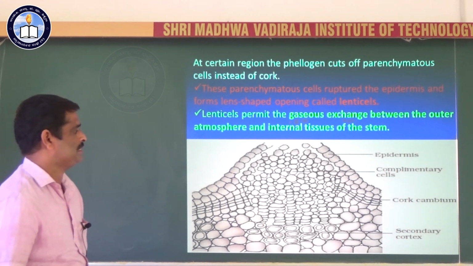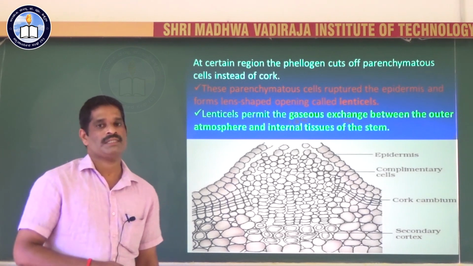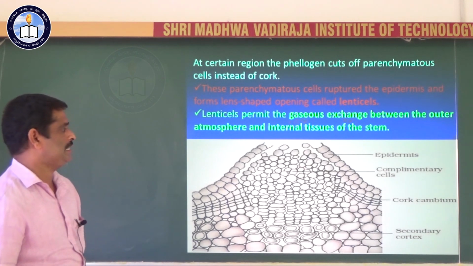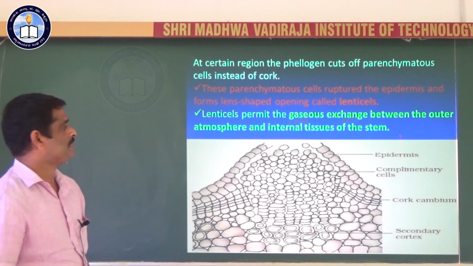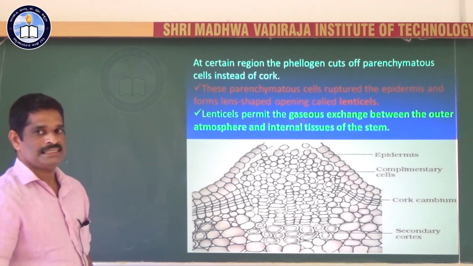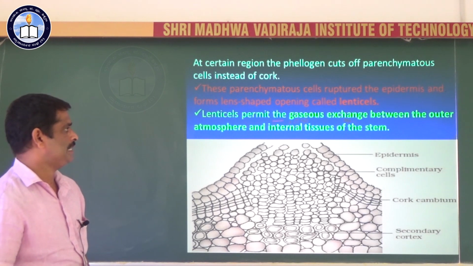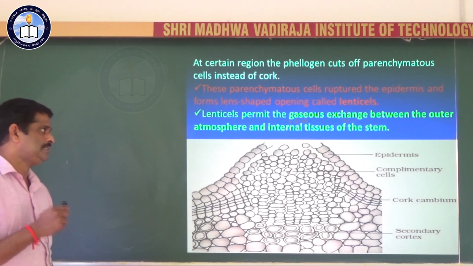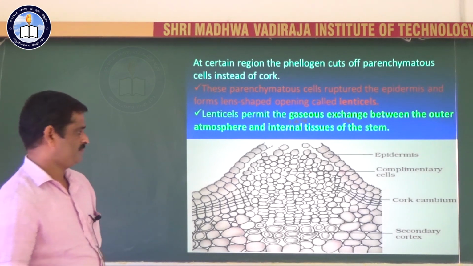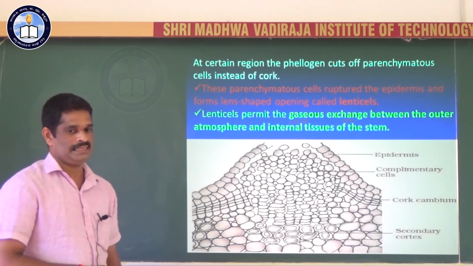That is what we call the lenticels. What are lenticels? Lenticels are the lens-shaped openings present in the older stem. What is the function of these lenticels? These lenticels help in exchange of gases between the atmosphere and the internal tissues of the stem.